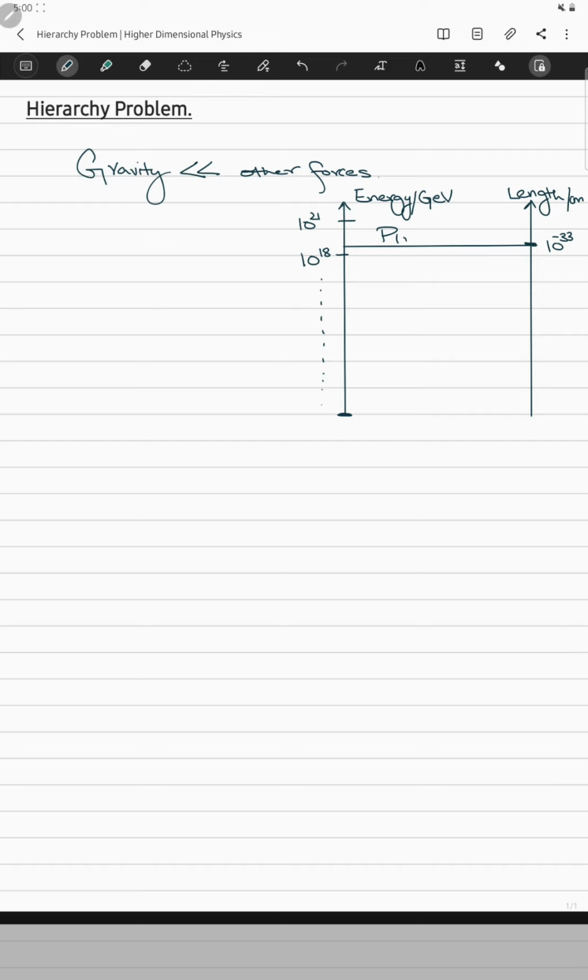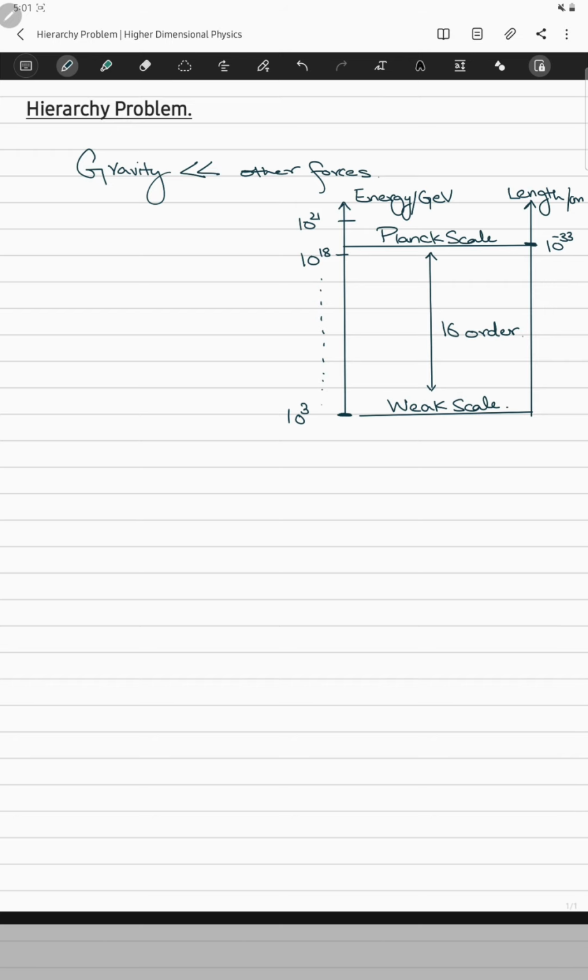So this is your weak scale, where the energy is 10 raised to power 3 giga electron volts. You can see the difference in the order of magnitude between these two scales is a lot: it's 16 orders of magnitude.